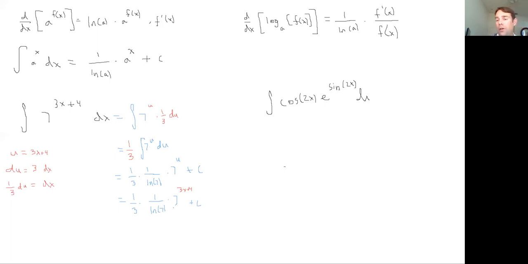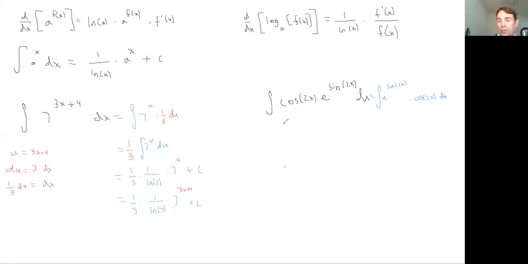All right, and just like we dealt with before, I would have rewritten this one where I put my e in front here, times cosine 2x dx.